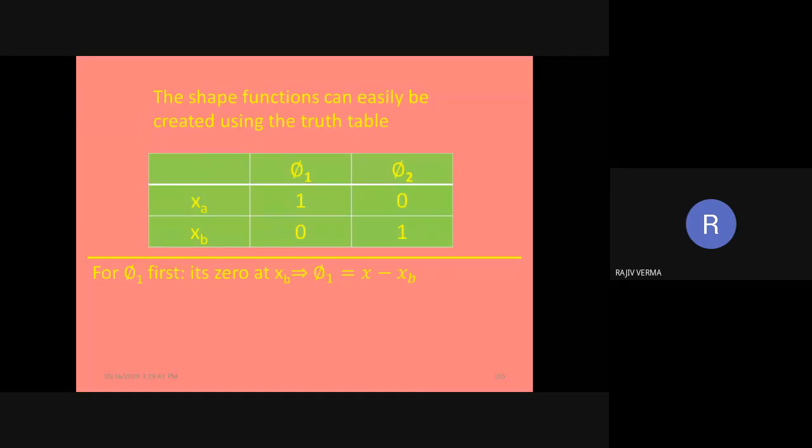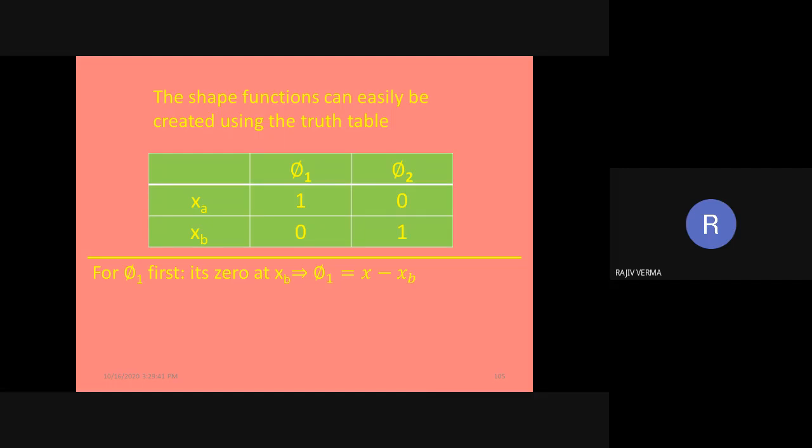So phi1 is supposed to be 0 at x is equal to xb. So obviously expressions such as x minus xb is going to give you 0 when x becomes xb. So phi1 is x minus xb.